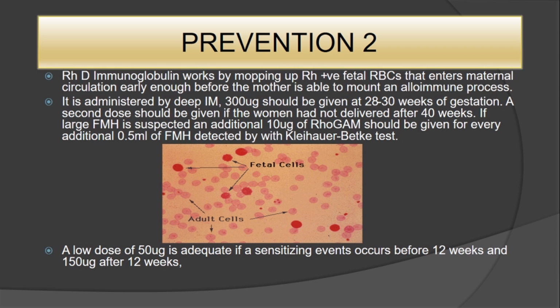However, if we suspect a large volume of fetal maternal hemorrhage, then we should add an additional 10 micrograms of Rogam to every 0.5 ml of fetal maternal hemorrhage detected by the Kleihauer-Betke cell test.